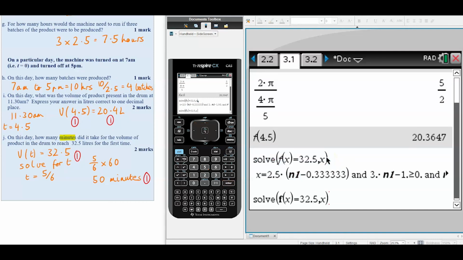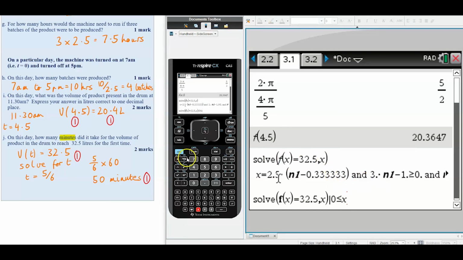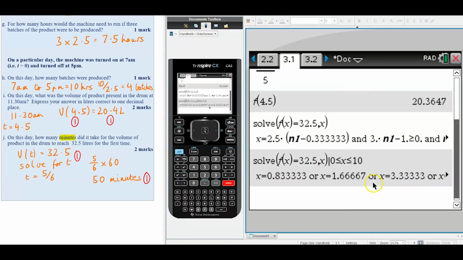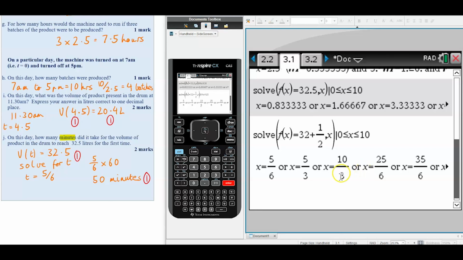So maybe what we can do is set that domain where let's go for 0 to 10, which is what we're looking at here. And we get some difficult values because we're working with decimals. We could get exact there by doing 32.5 plus 1 over 2. Let's see if that gives us, yep, so that gives us our exact values.